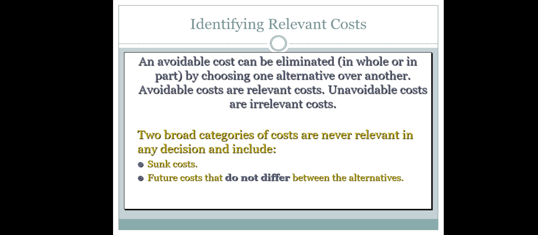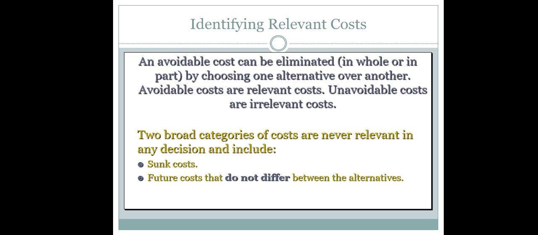So relevant cost is also called avoidable cost. Avoidable cost means a cost that will disappear when you choose one alternative and let go of another alternative. That is called avoidable cost.